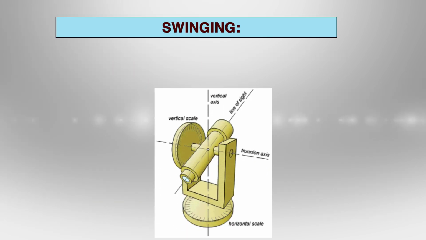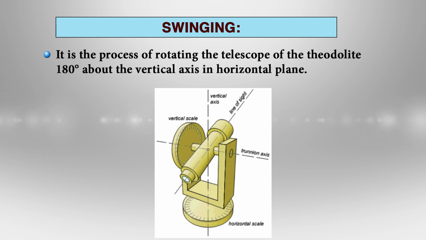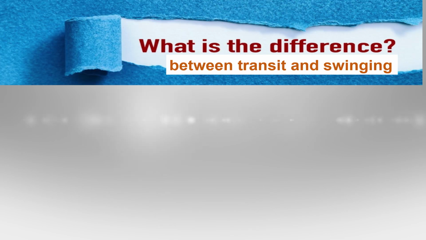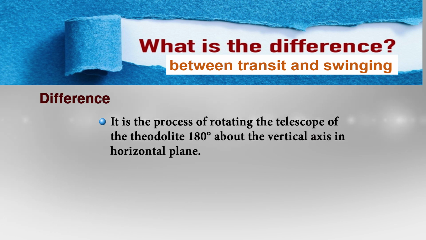Next term that we are going to see is swinging. It is the process of rotating the telescope of the theodolite by 180 degrees about the vertical axis in the horizontal plane. So, what is the difference between transiting and swinging? In both cases, the telescope is rotated by 180 degrees. Hope you guessed it right.